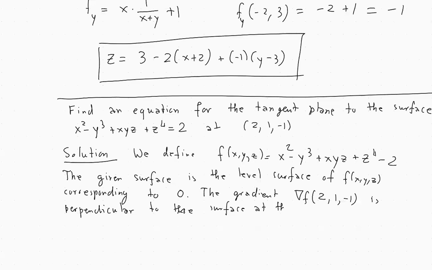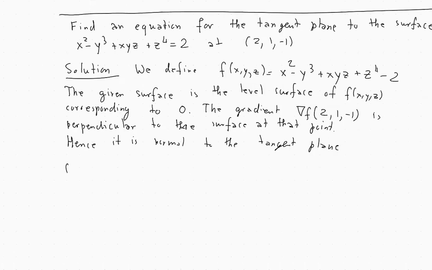Hence, it is normal to the tangent plane. Okay, first of all, what is that gradient? So f sub x here is 2x plus yz. F sub y is minus 3y squared plus xz. And f sub z is xy plus 4z cubed.